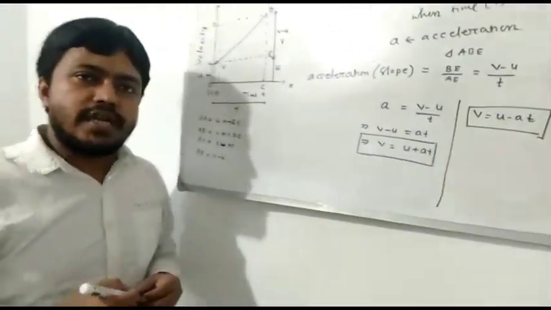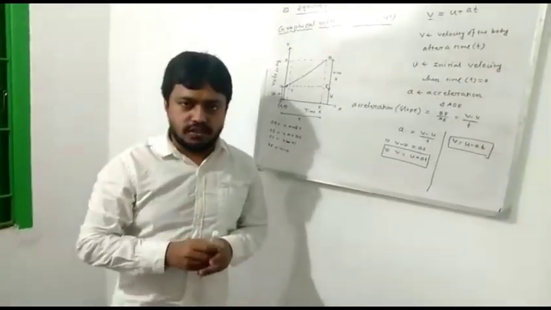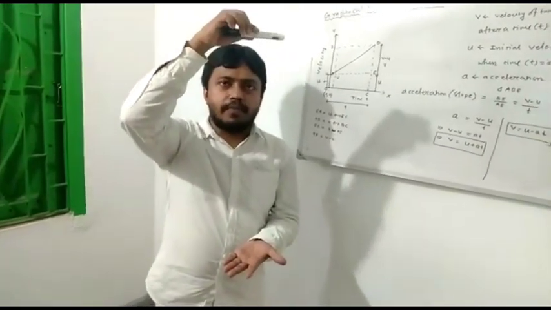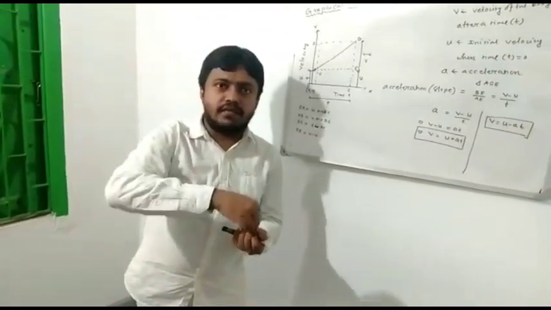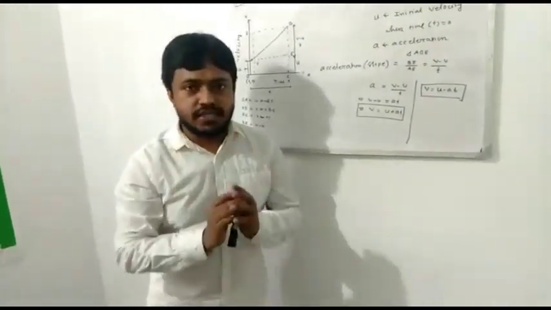Okay. Now students, suppose the motion occurs due to gravitational force. Suppose this is a pen in my right hand, and if you drop the pen, it falls toward my left hand. This time the motion occurs due to gravitational force.